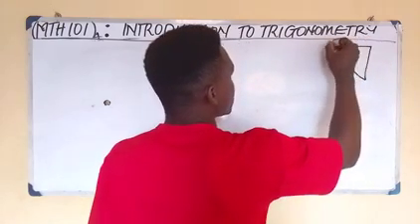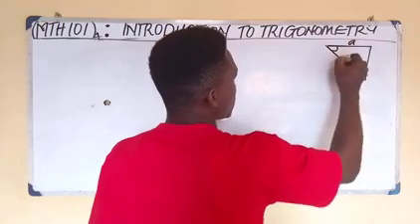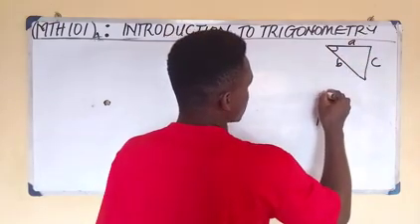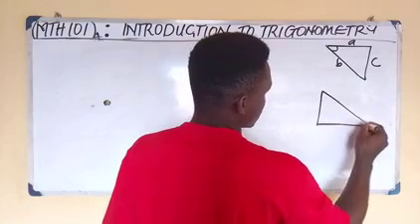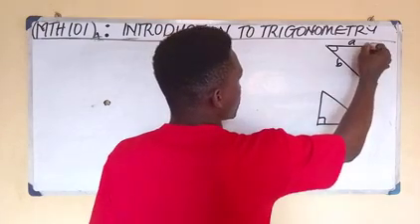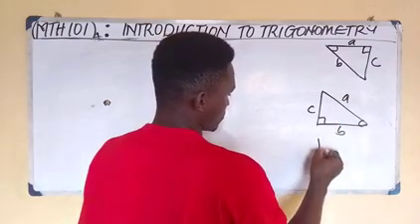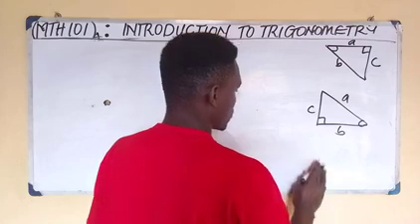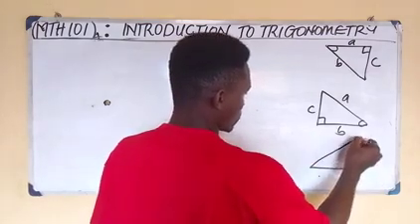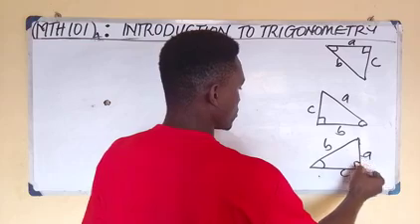I have the angle here like this. I have A, B, I have C. A, B, C.